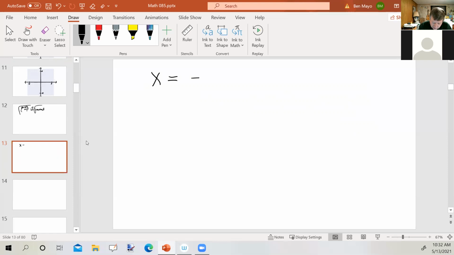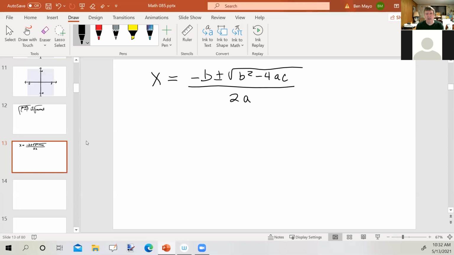x equals negative b plus or minus the square root of b squared minus 4ac, all over 2a, where a, b, and c are the coefficients of the terms in an equation in the form ax squared plus bx plus c equals 0.